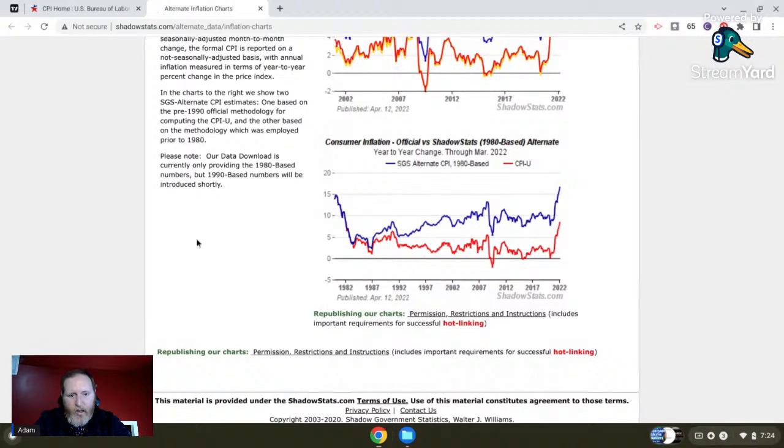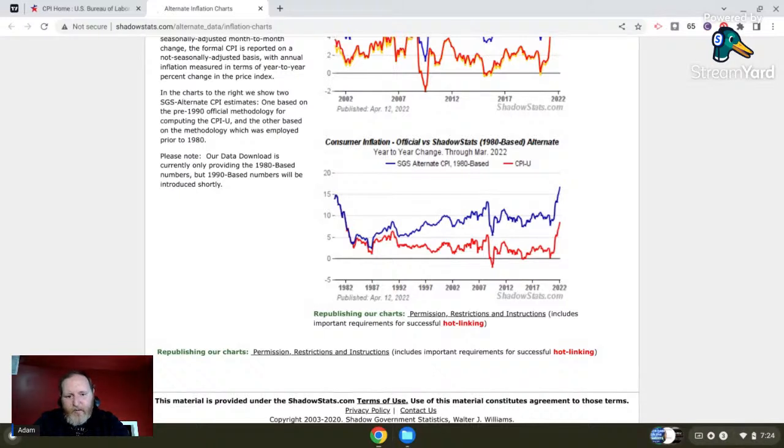So this bottom chart here says consumer inflation, official versus Shadow Stats. And this is a 1980 based formula that they're using. So if we look, 8.5%, that's the red line all the way to the right that you see spiking up. That's CPI, how the government calculates it today.